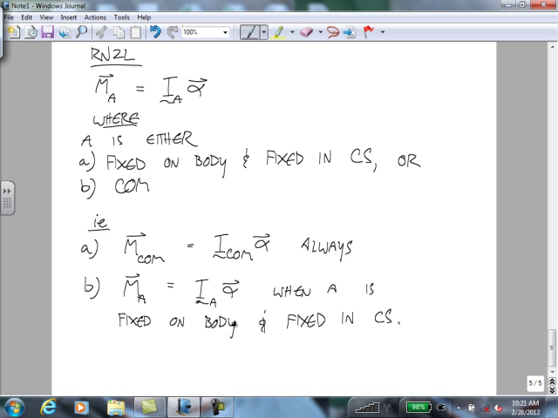And what about this angular acceleration? Say you had a body where a point on the body is fixed in your coordinate system, like at a pin joint. Then you have two options for doing this problem. You can always do it at the center of mass. You also, in that case, can do it with A at the pin joint. Then how do these angular accelerations relate?